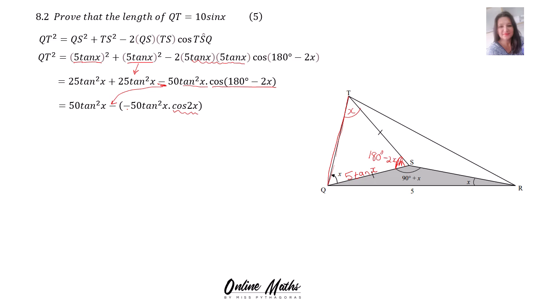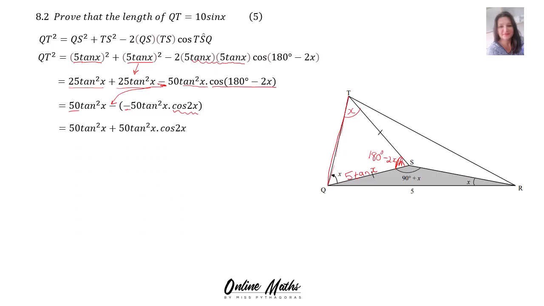And then what I did here, I said 25 tan squared x plus 25 tan squared x is 50 tan squared x. That minus is that minus, and that minus, as I said, came from cos 180 minus 2x. That was reduced to cos 2x, and that cos is negative in the 180 minus quadrant.